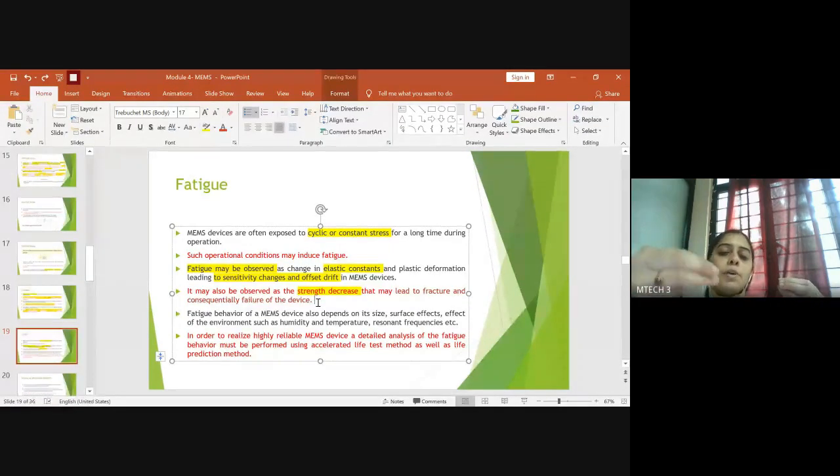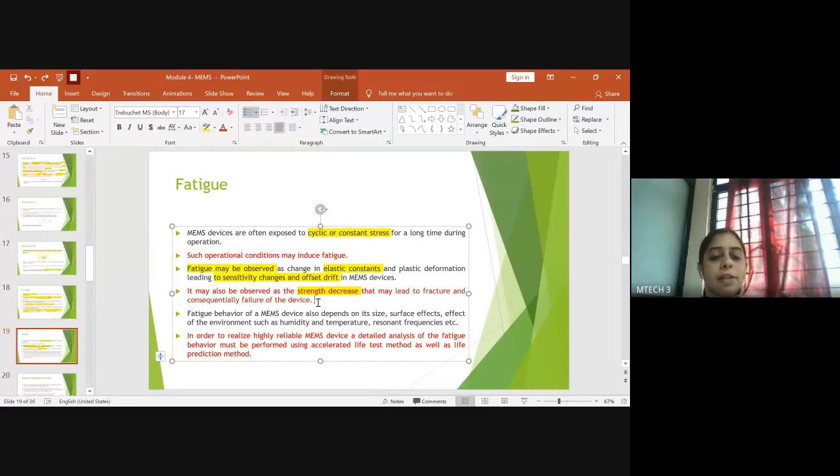Even the minimum amount of load will not be bearable, and finally the device fails because it leads to fracture. This is more dangerous. You should never let fatigue come into the picture. It is harmful for devices as well as for human beings. So be careful, and you should explain properly what happens if fatigue behavior comes into the picture.